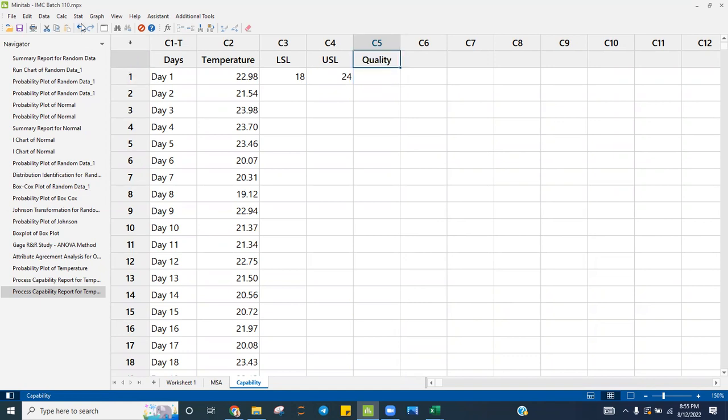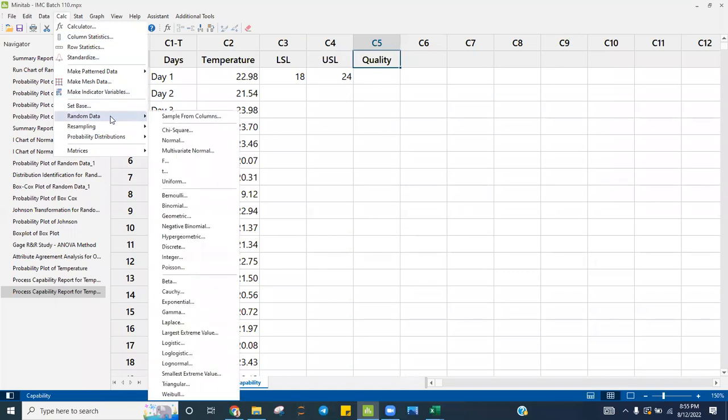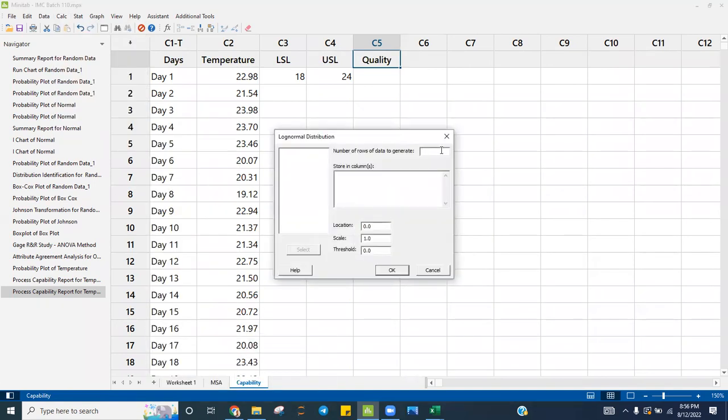And I'm looking for the quality, let's say Calc, random data, log logistic, log normal, let's say log normal. You want to generate the data as 100. Location is around 90. Scale and threshold, let it be as it is. Store in the column as quality.